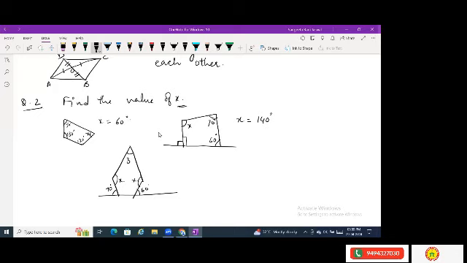This angle is 30. I name the vertices PQRST. This is x and this is y. Now here you have to find the value of x. These two angles are equal. This angle and this angle, both are equal. So find out what will be the measure of these two angles.